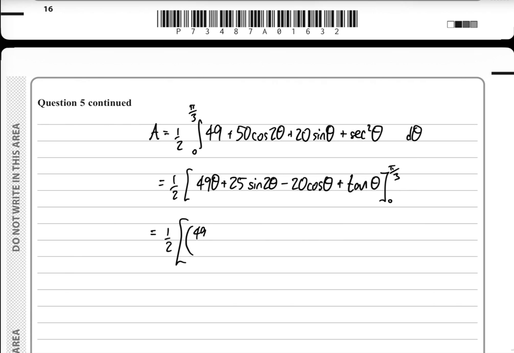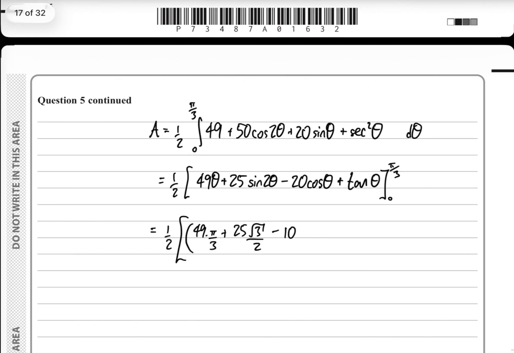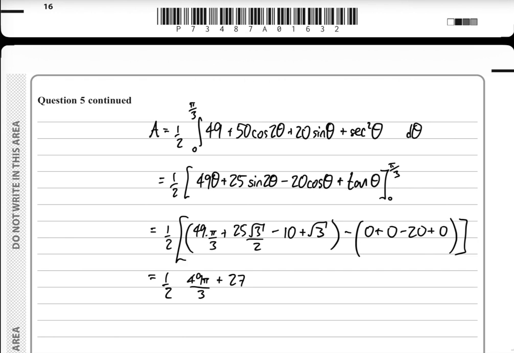That's 49 pi by 3 plus 25 root 3 over 2 minus 20 times a half, that's a 10, plus a root 3 there, minus 0, 0, minus 20, 0. So a half times 49 pi by 3 plus 27 root 3 over 2 plus 10.